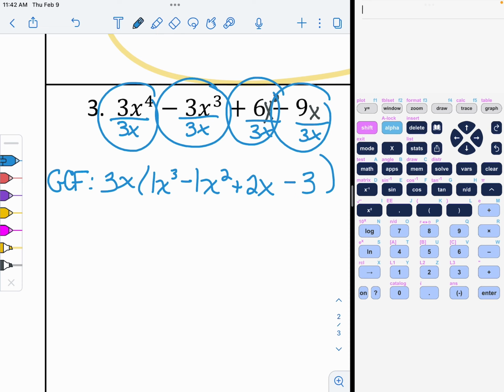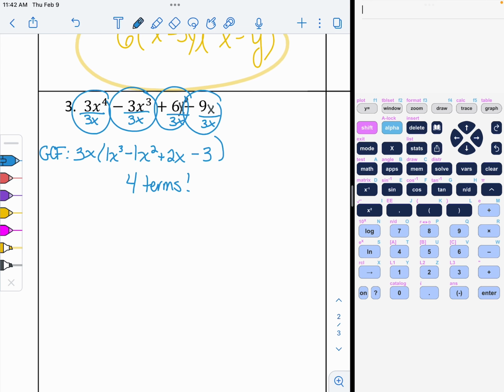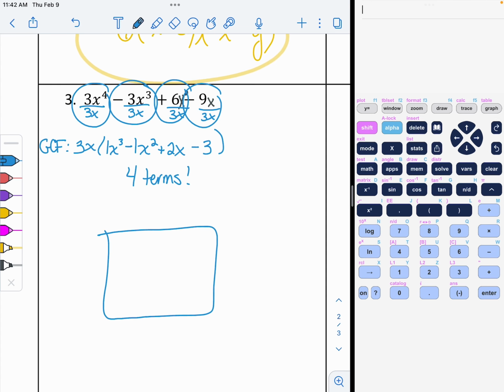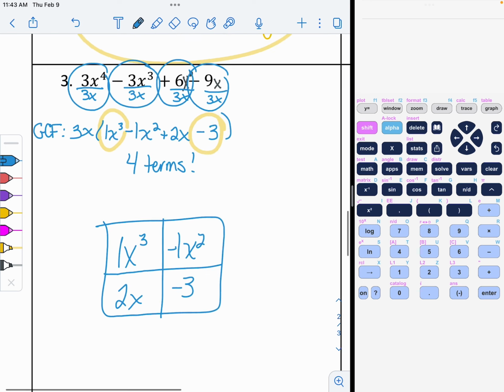So this is 4 terms. Have you guys gotten used to those 4 terms yet? That means you get to skip straight to the box. So let's set this box up. 1x cubed goes here. Negative 3 goes here. And then this negative 1x squared and the 2x can go in either of those spots. I just chose to put them there.